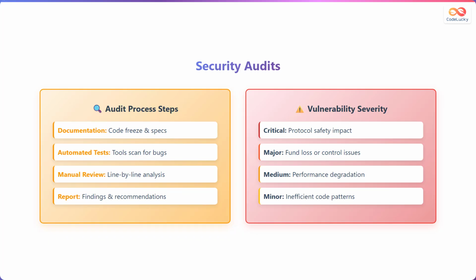The final report categorizes findings by severity levels. Critical vulnerabilities threaten protocol safety and user funds. Major issues involve centralization risks or logical errors leading to fund loss. Medium severity problems affect performance or reliability. Minor issues involve inefficient code patterns that don't compromise security.